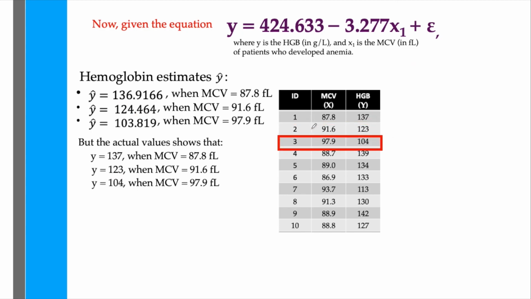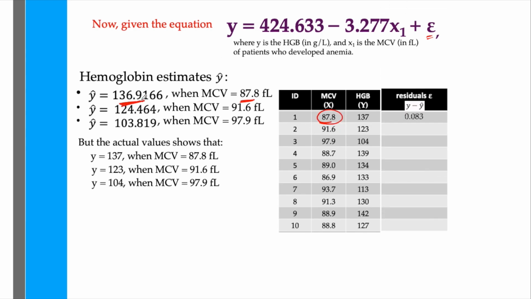Likewise, for a patient with MCV of 97.9, the actual value is not 103, but rather 104. Now, this shows that our estimate has some little errors. Now, those errors are the ones represented by the epsilon here. Since our estimate is 136.9 for a patient with MCV of 87.8, our estimate needs 0.083 to come up with the actual value, which is 137.